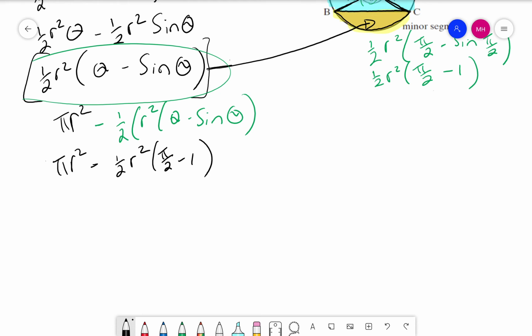So probably just keep working with this. Now, this is r squared over 2. I'm going to multiply that in. We're going to get r squared pi over 4, and we're going to get plus r squared over 2.